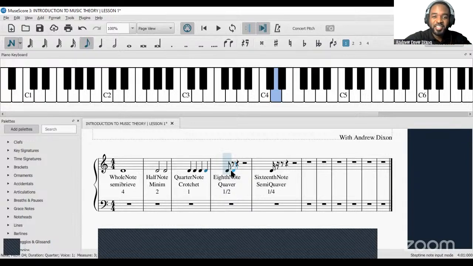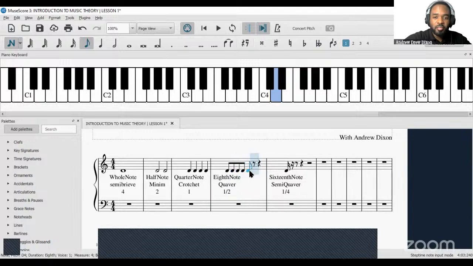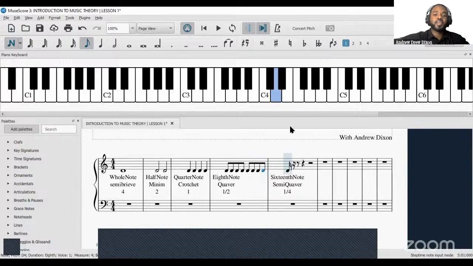The correct answer is 1, 2, 3, 4, 5, 6, 7, 8. I need to have 8 eighth notes or 8 quavers to give me a total of 4 counts, because each quaver gets only half of a count. So I need to have 8 halves to make 4 counts.